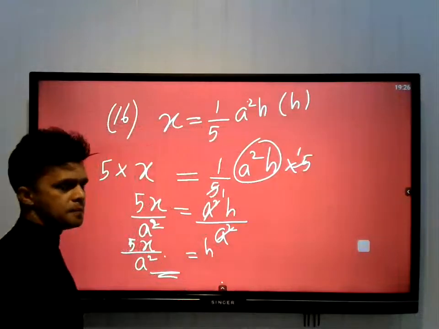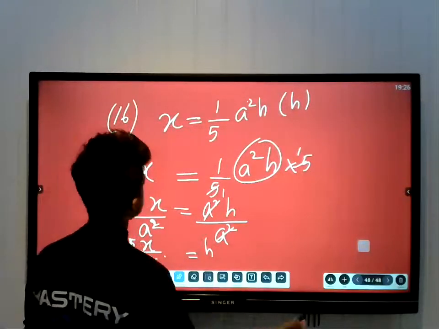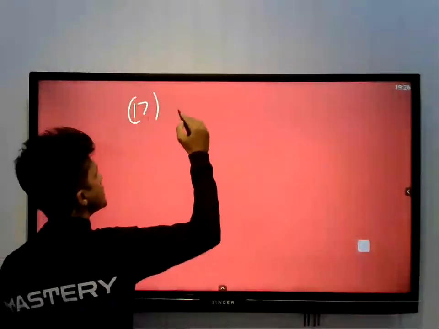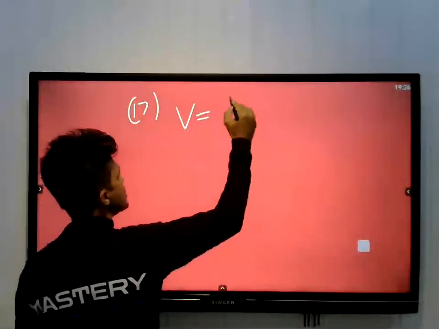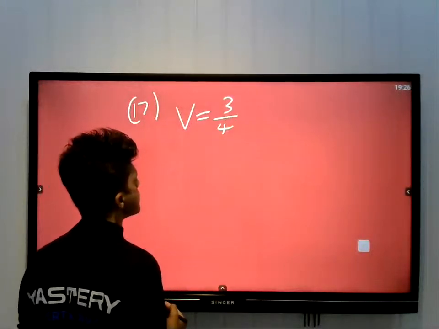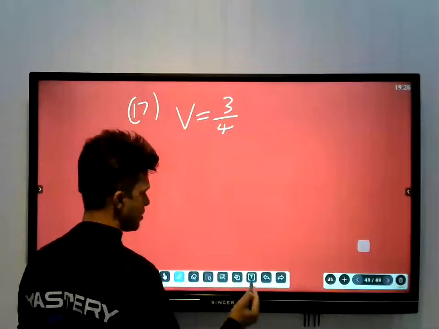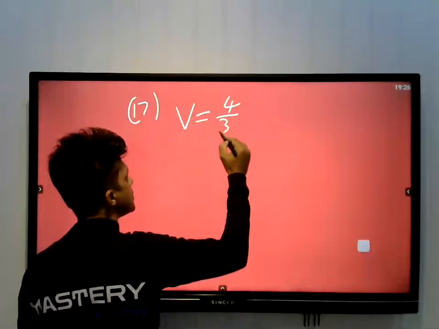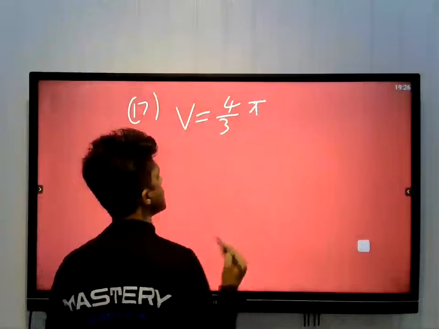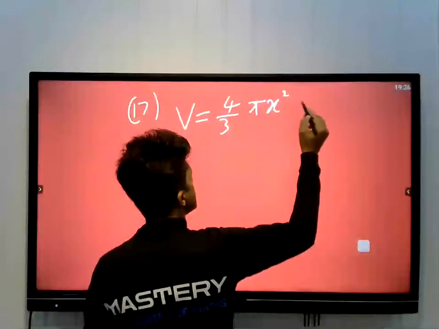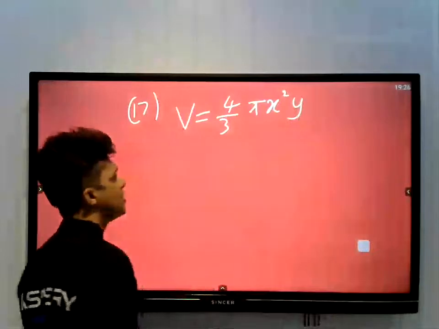Let's do the 17th question, this type of one. V equals 4/3 5 x squared y.